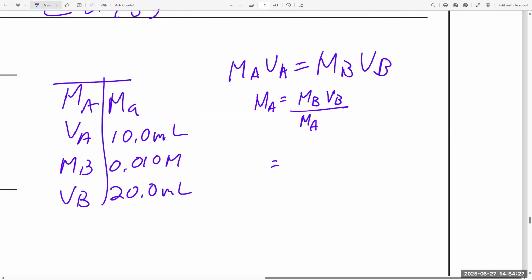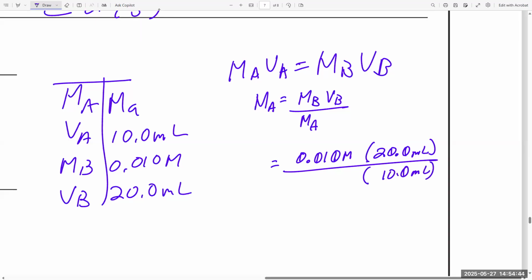That's going to be 0.010 molar times VB, which is 20.0 milliliters, all over 10.0 milliliters. And what does this come out to? That is the same as 0.010 molar times 2, isn't it? So you don't need a calculator for this, do we?